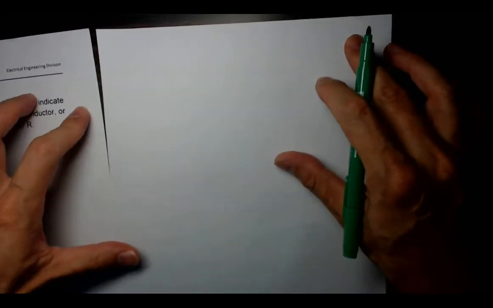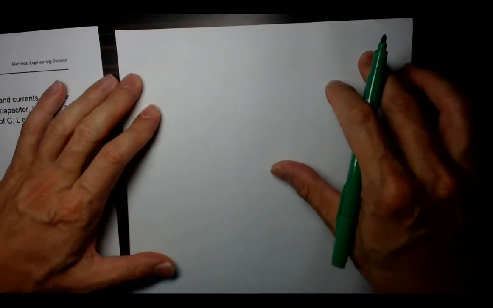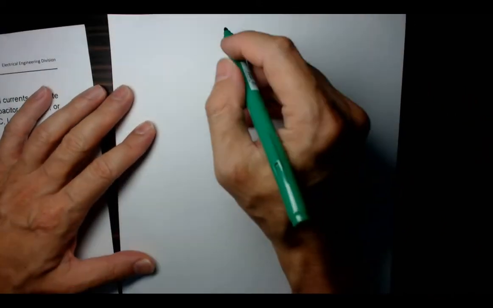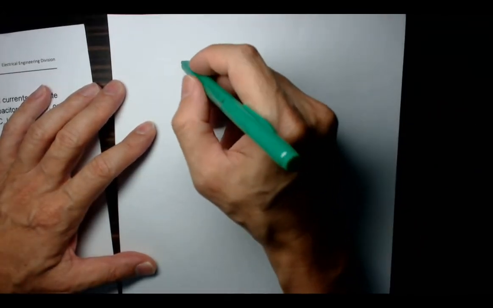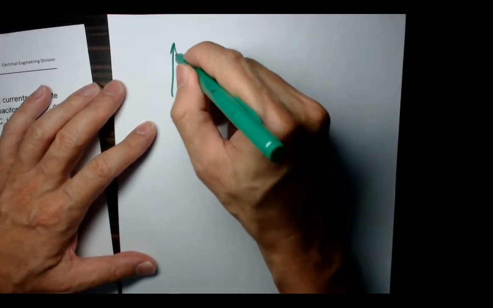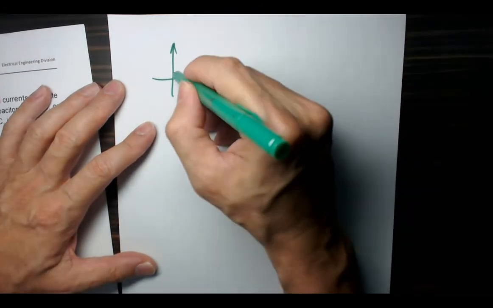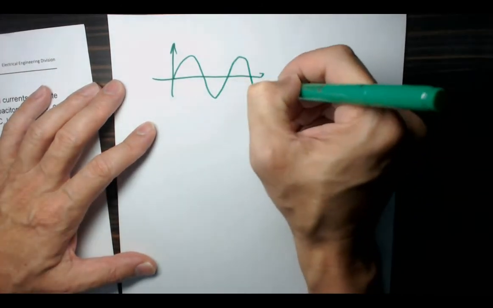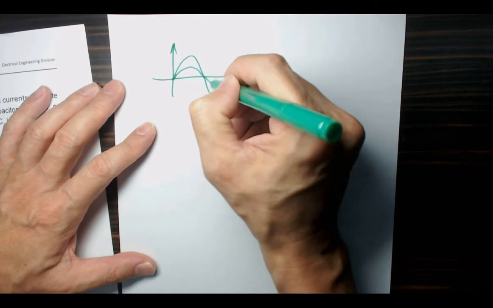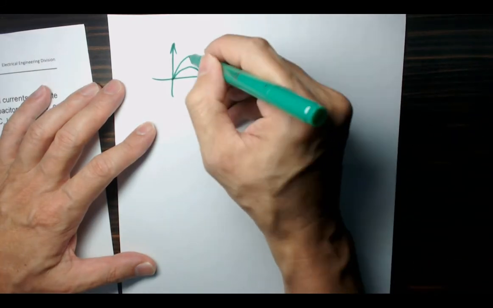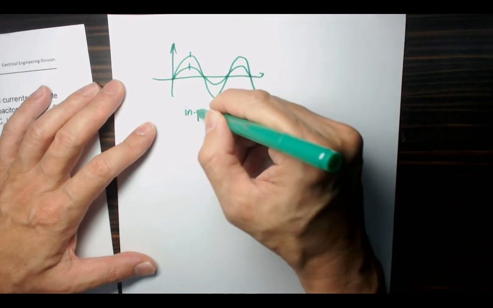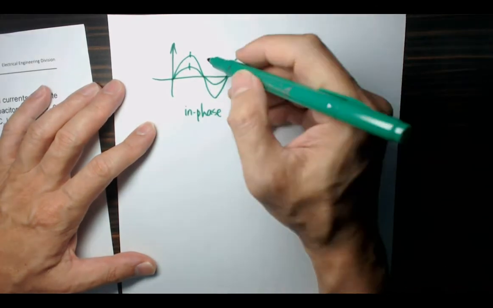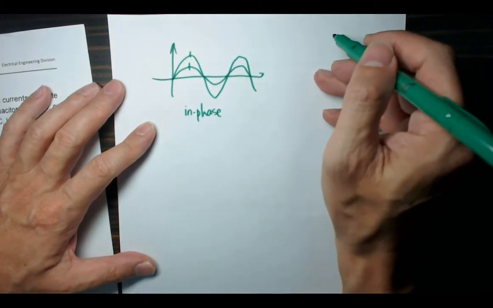Well, before answering this question, we may want to do a quick revision of the meaning of each one of these. For example, if we know that the voltage and the current waveforms are in phase, that means when the voltage reaches the maximum, the current reaches the maximum as well.